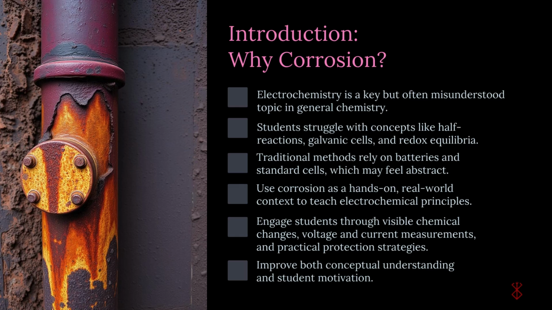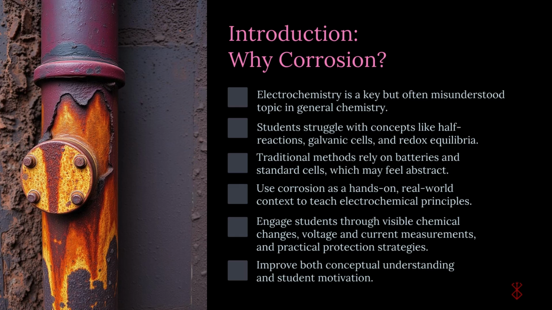Electrochemistry is a key topic in general chemistry courses, but is often one of the most difficult for students to fully grasp. While many students are able to perform calculations involving electrochemical cells, they commonly struggle to understand the qualitative aspects, such as identifying half reactions, understanding the structure of galvanic cells, and relating concentration and equilibrium to cell voltage.